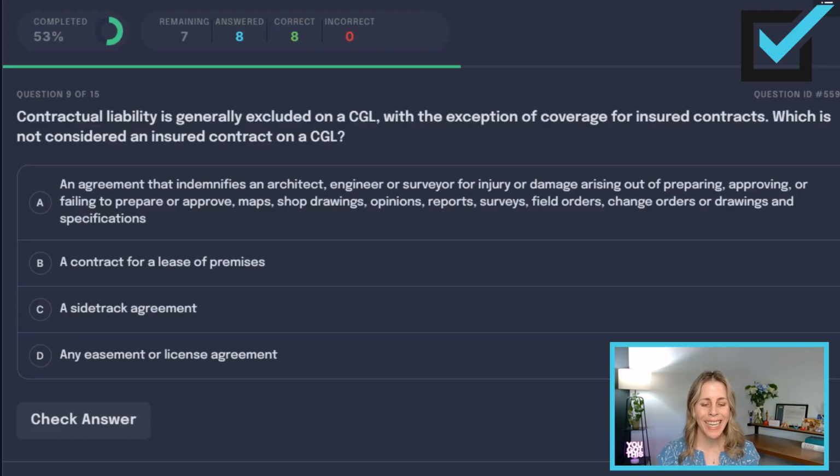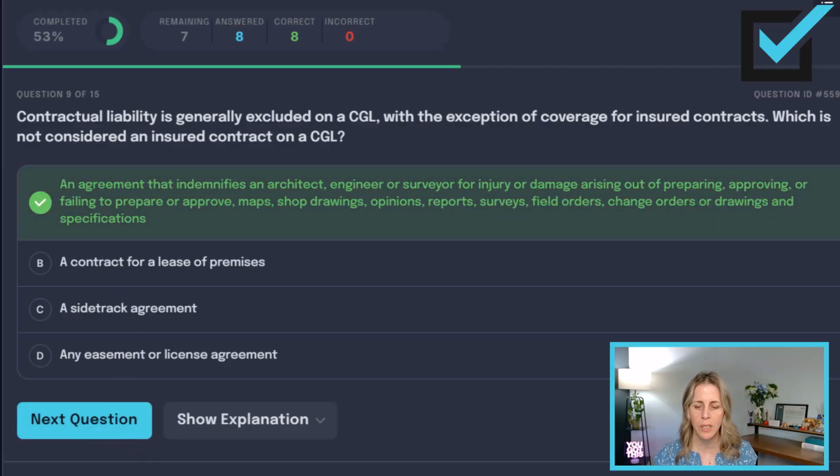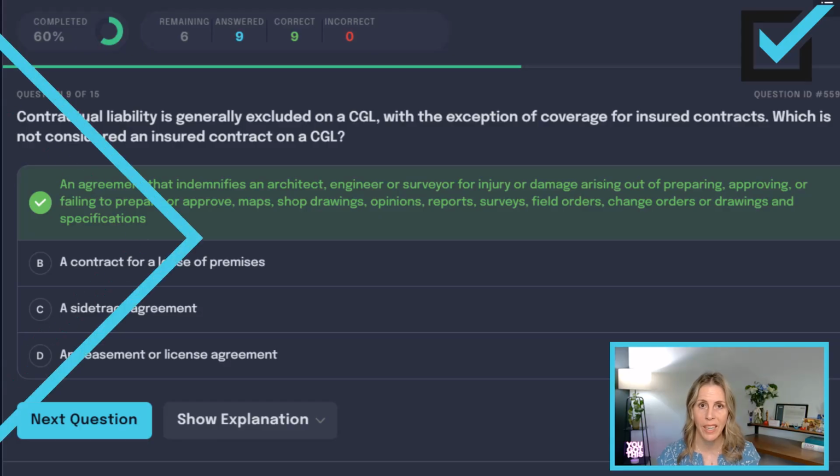Any contract that indemnifies an architect, engineer, or surveyor for injuries or damages, on and on, is not considered an insured contract. So you will have to memorize a list of the insured contracts that are covered by a CGL, and definitely know that any contract that indemnifies an architect or an engineer or a surveyor is not included.